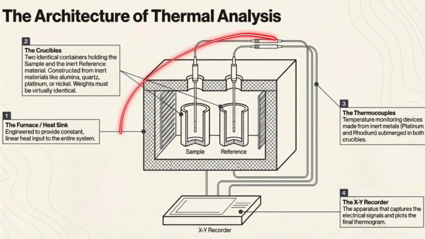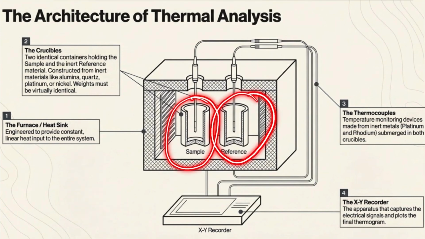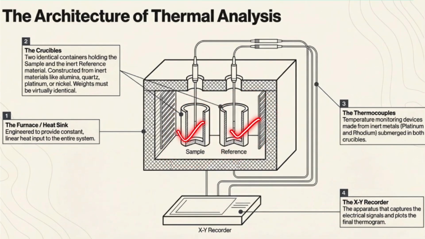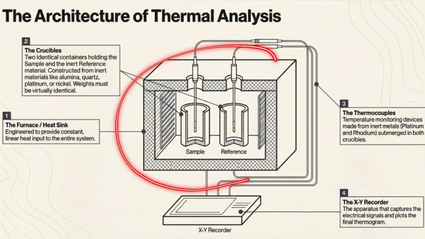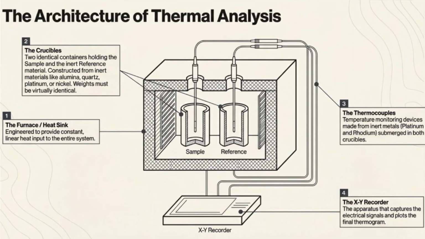So next, this diagram explains the structure of the instrument in which the DTA analysis is carried out. It contains two pans, one for the sample and the other for reference material, and the temperature of these containers is linearly increased by this furnace. Both are placed in the furnace, and these are the thermocouples.